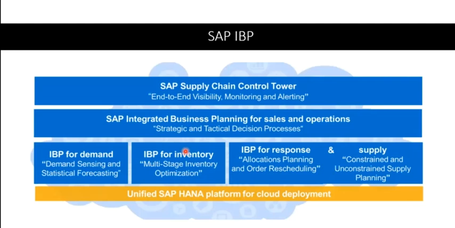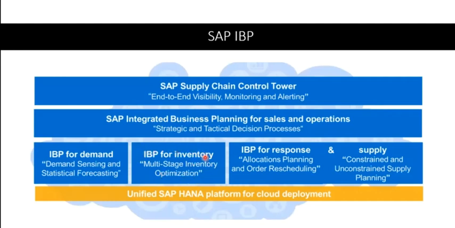That was just the basic part. But in IBP, they have introduced inventory optimization, like multi-echelon inventory optimization. We can calculate the target service level and what the safety stock should be at the different nodes in the supply chain. That kind of multi-stage inventory optimization we can perform here.